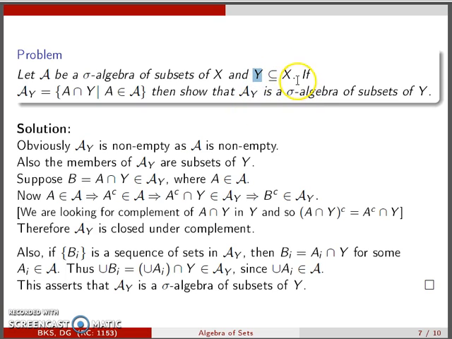Y is also not equal to X, otherwise you have no distinction between script A and script A_Y. So hence A_Y is non-empty.